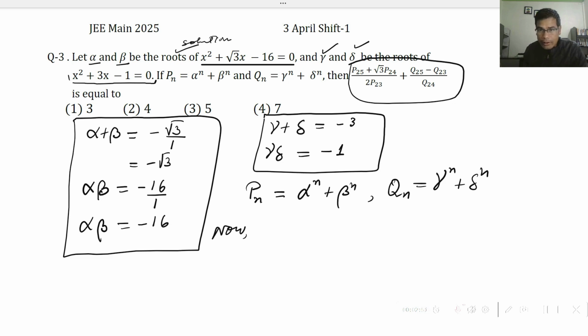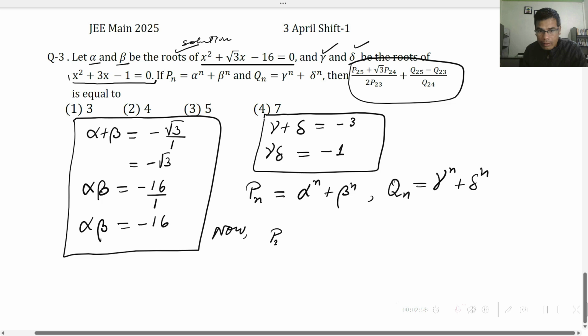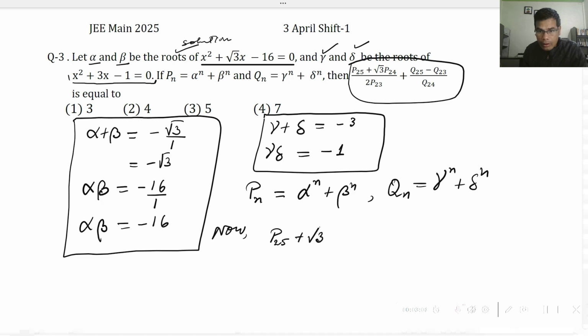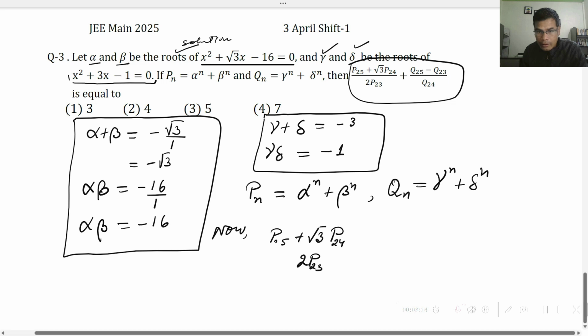Let us take the first one: p suffix 25 plus root 3 into p 24, then the whole thing divided by 2 p 23.